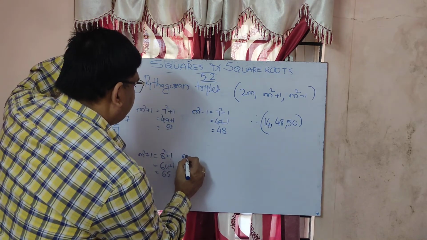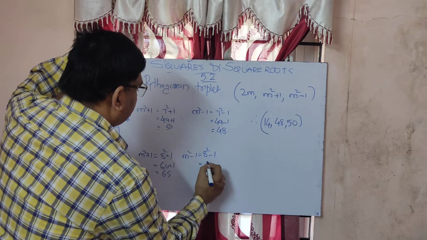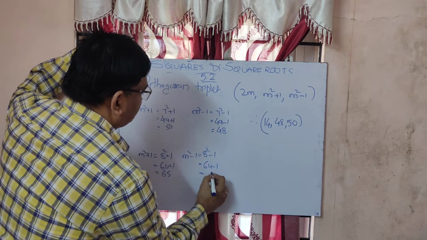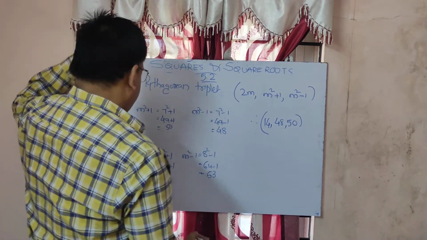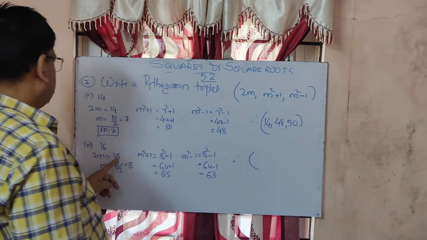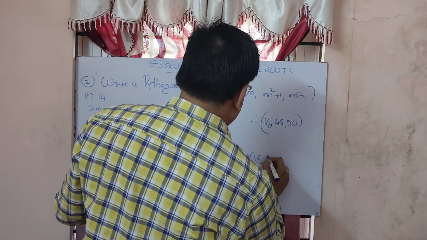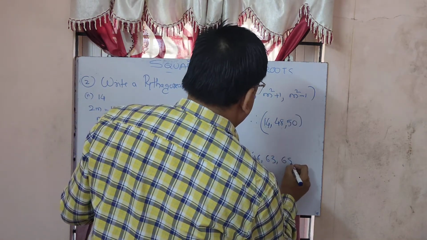In the same way, you have to find m square minus 1. That is 8 square minus 1. 64 minus 1. That is 63. Therefore, the Pythagorean triplet is 2m, which is 16. You have to write 16, 63 and 65.